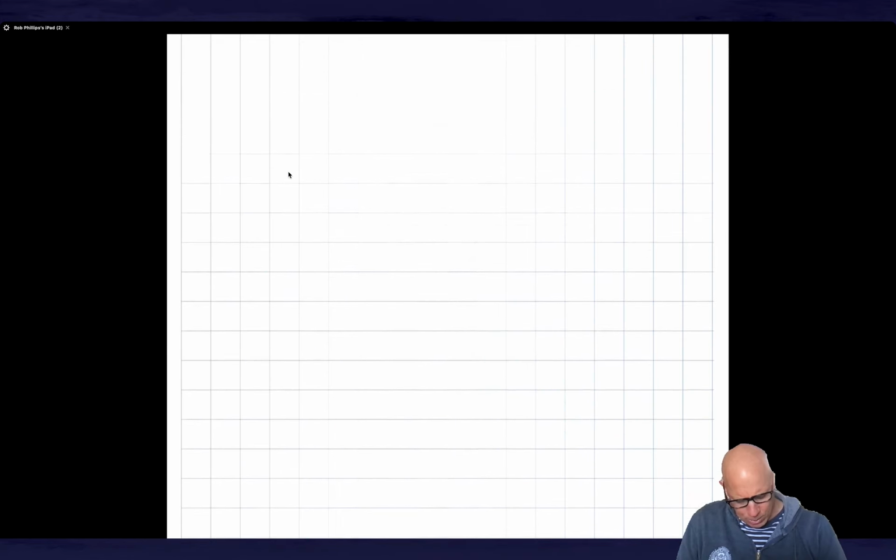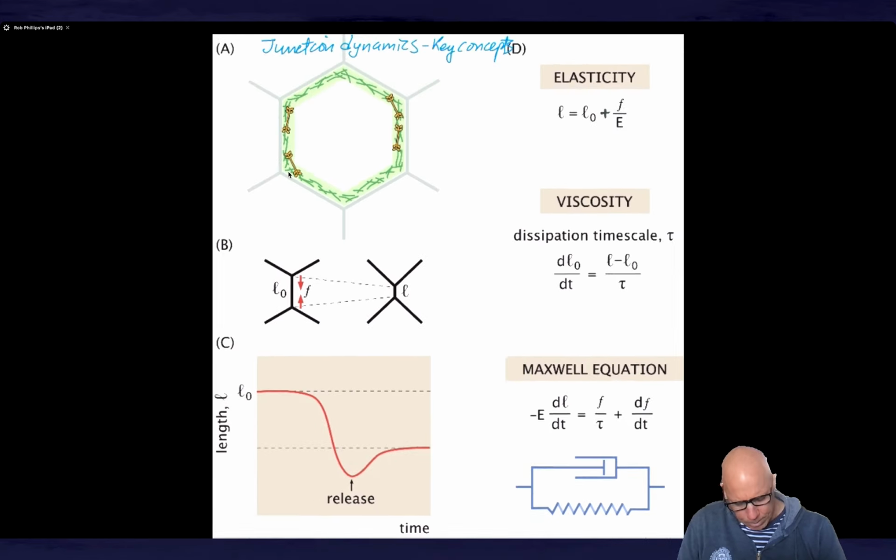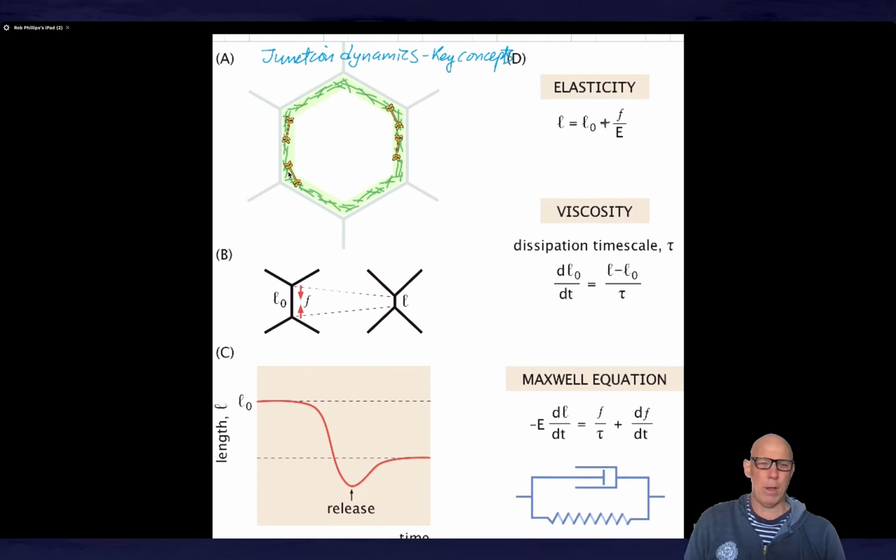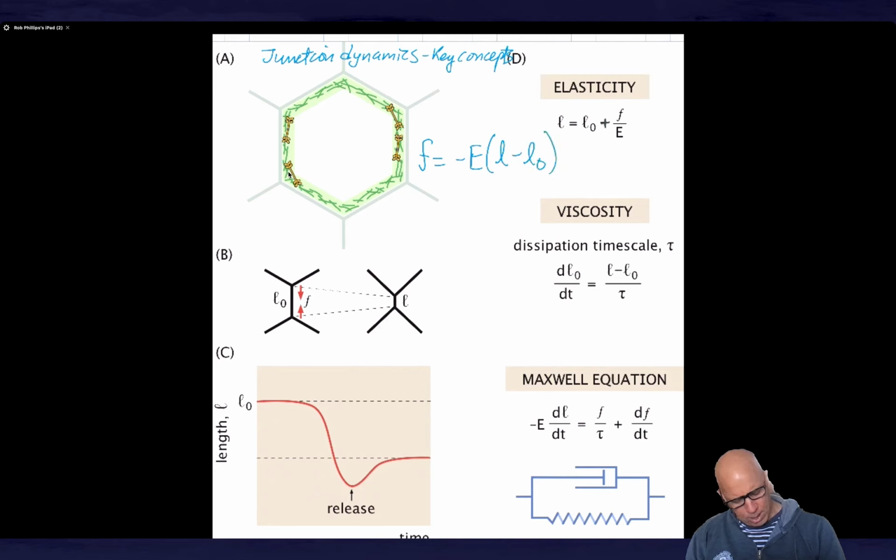So what I'm going to show you is the viscoelastic logic of how they thought about it. First of all, what they say is shown here: if I apply a static force F, the length of the junction is going to be the original length plus the displacement. Another way of writing this is F equals minus E times (L minus L naught).